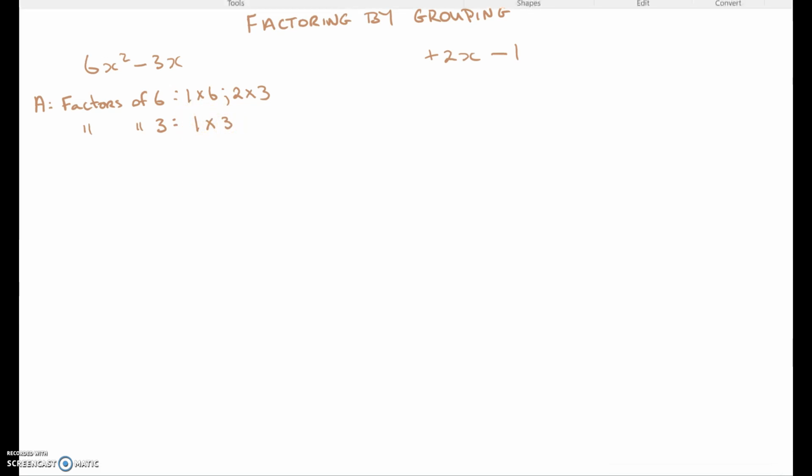So the GCF of these numbers is 3. Now, part B was to pick out the common letter.